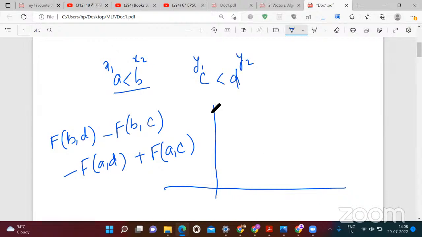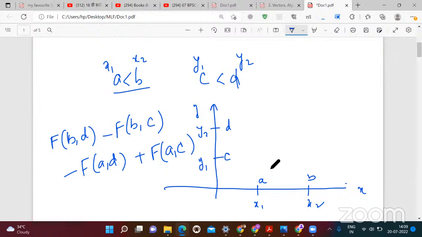I can represent it here with some random values. This is y and this is x, and x1 is less than x2. Here we get y1 and here y2. Or you can represent it as a, b and c, d.